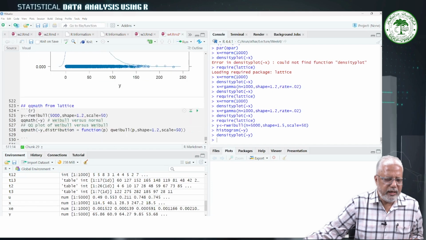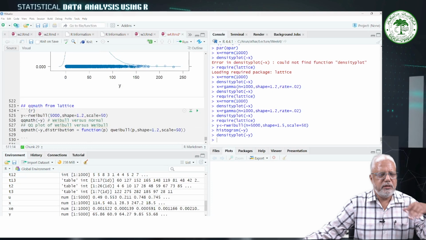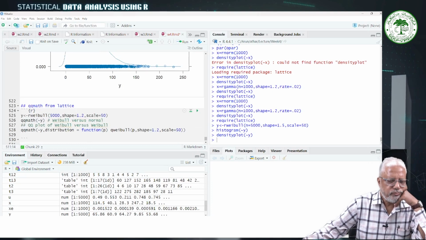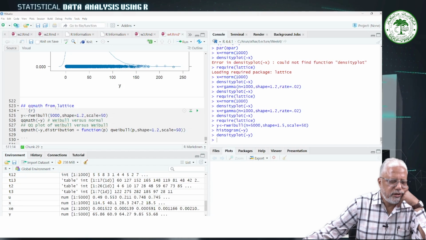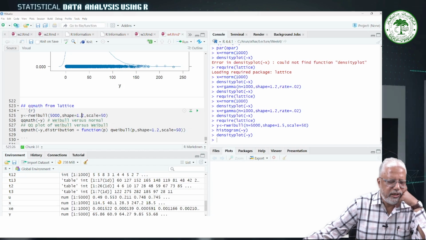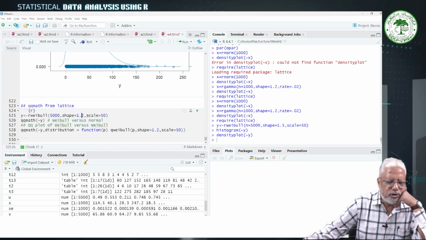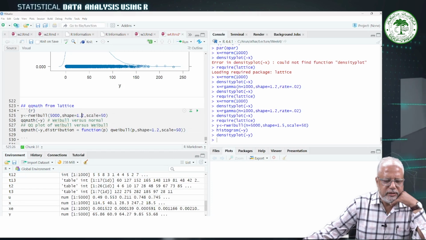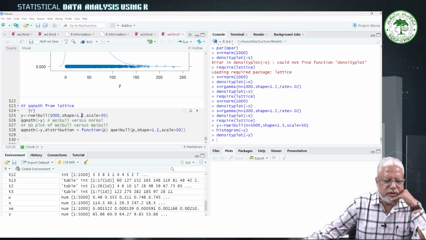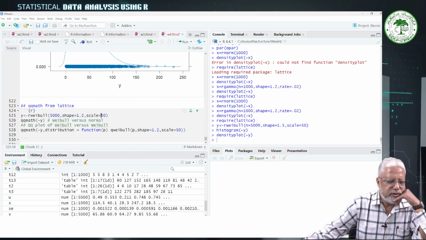Then QQ math. We have already talked about QQ plot. QQ plot is in the base package, but in lattice it is qqmath. So we are simulating 5,000 observations from a Weibull distribution with shape equal to 1.2 and scale equal to 50.